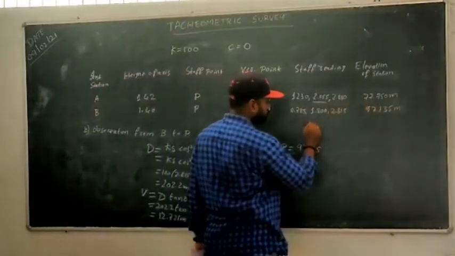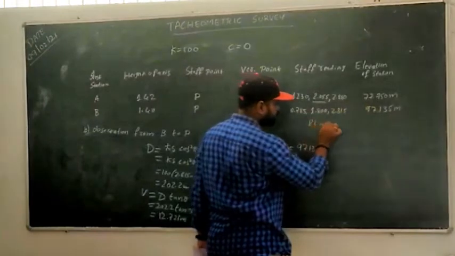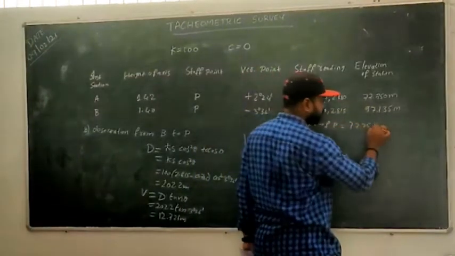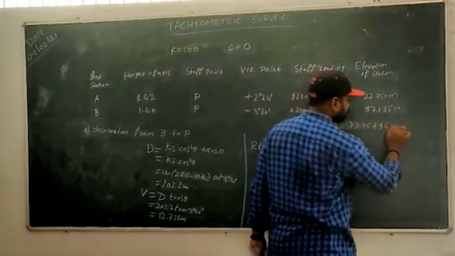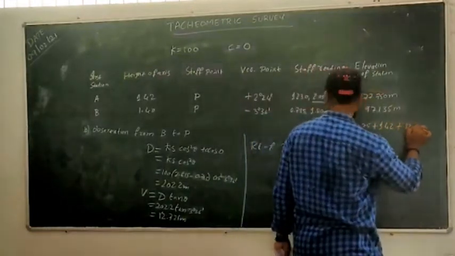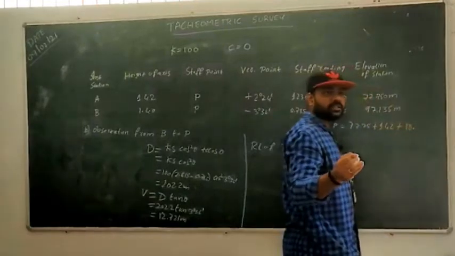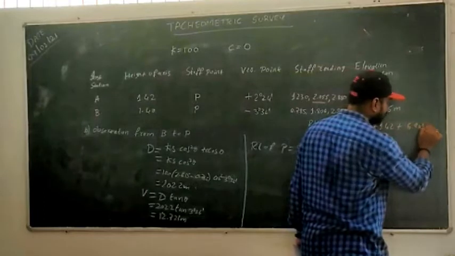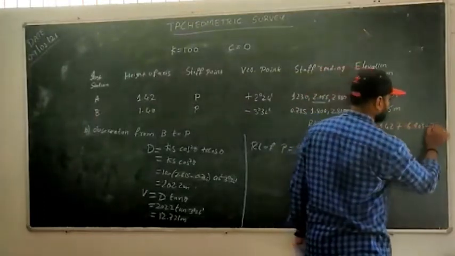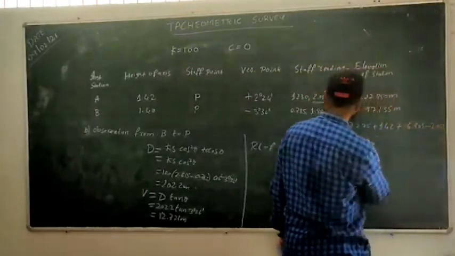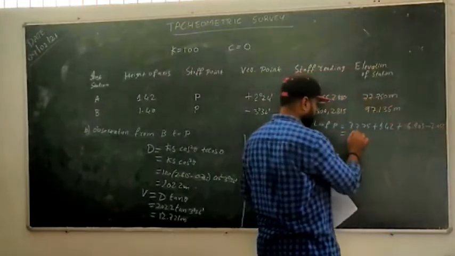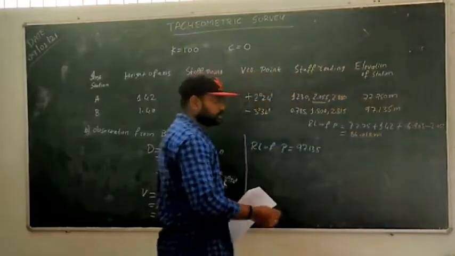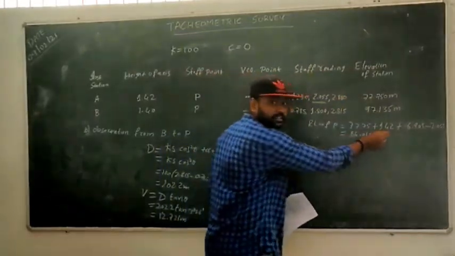RL of P is equal to 77.75 plus 1.42, then plus V. How much was V? 6.903 minus 2.055, so this is 84.018. So you just do this correction. This you have to add.